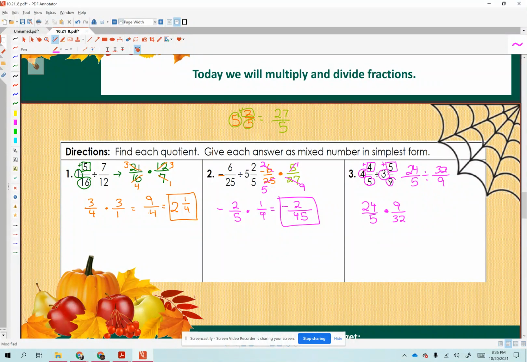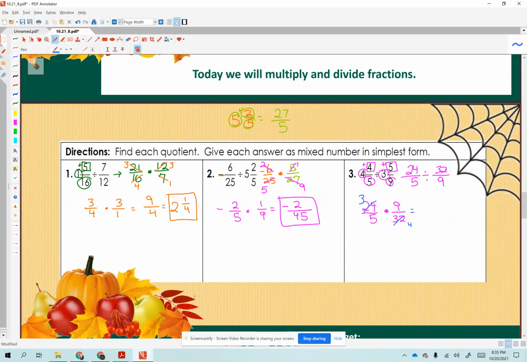So as to the 9 and the 5, we cannot really simplify, but I can divide the 24 and the 32, let's see, by 8. Those are each divisible by 8. So 24 divided by 8 is 3. 32 divided by 8 is 4. Much easier to work with those smaller numbers. Now I multiply straight across. They're both positive.